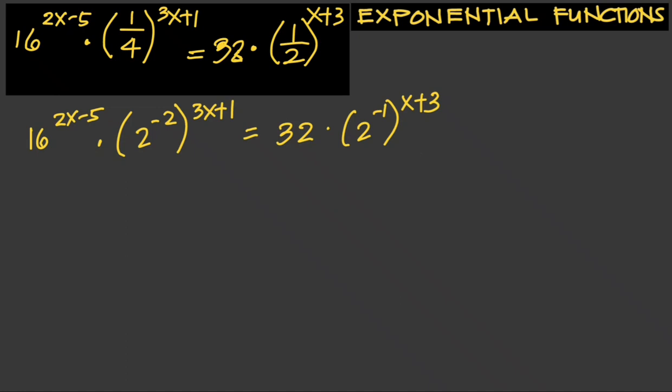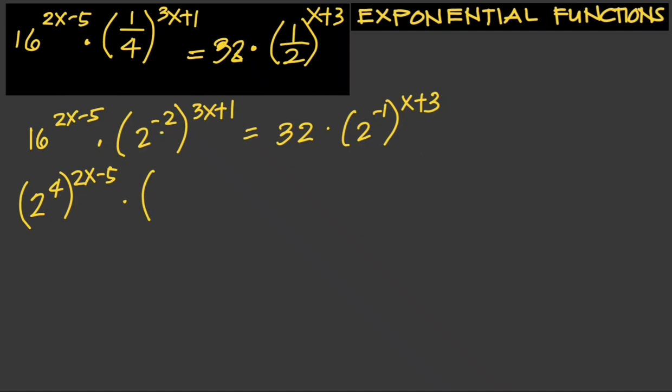It seems that 16 and 32 are also powers of 2. So we can just conclude that our base here would be 2. So we can write 16 as 2 to the 4th. So it'll be 2 to the 4th to the power of 2x minus 5.